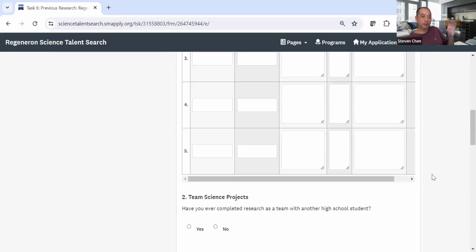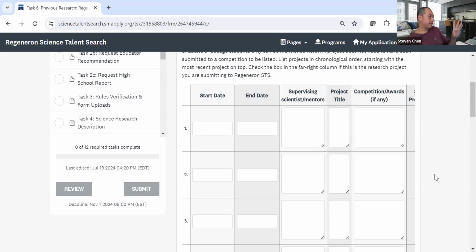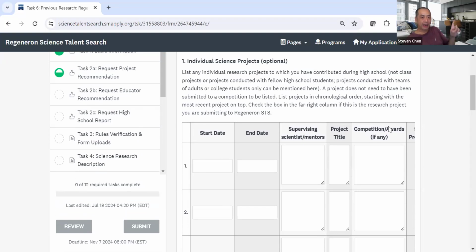So let me make it more clear. Suppose I have a project. There are 3 people on this project, but there are 2 scenarios. For scenario 1, the 3 people are my mentor, who is a professor, my second mentor, who is a doctoral student, and me. So this project is called an individual project because my mentors are not high school students.